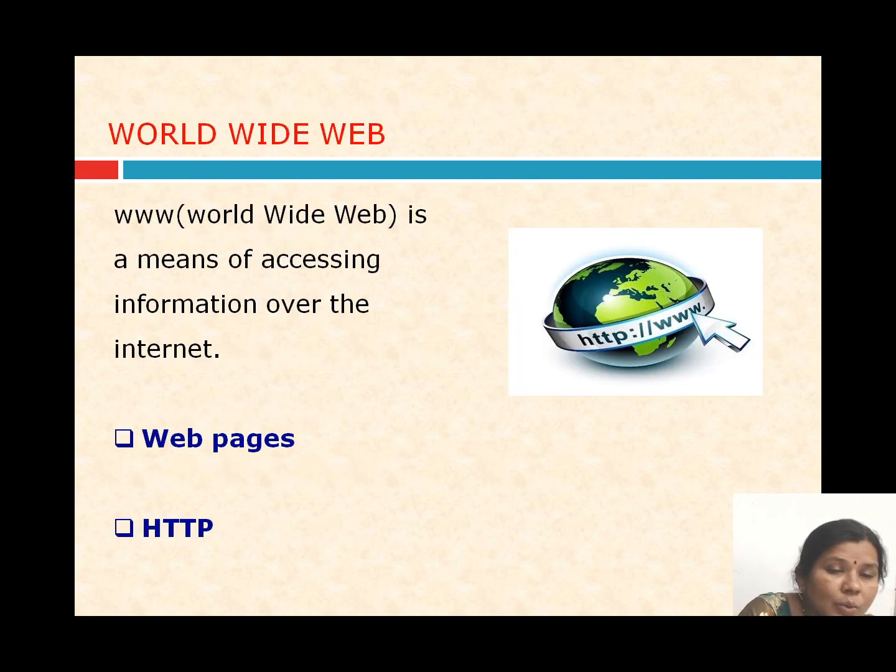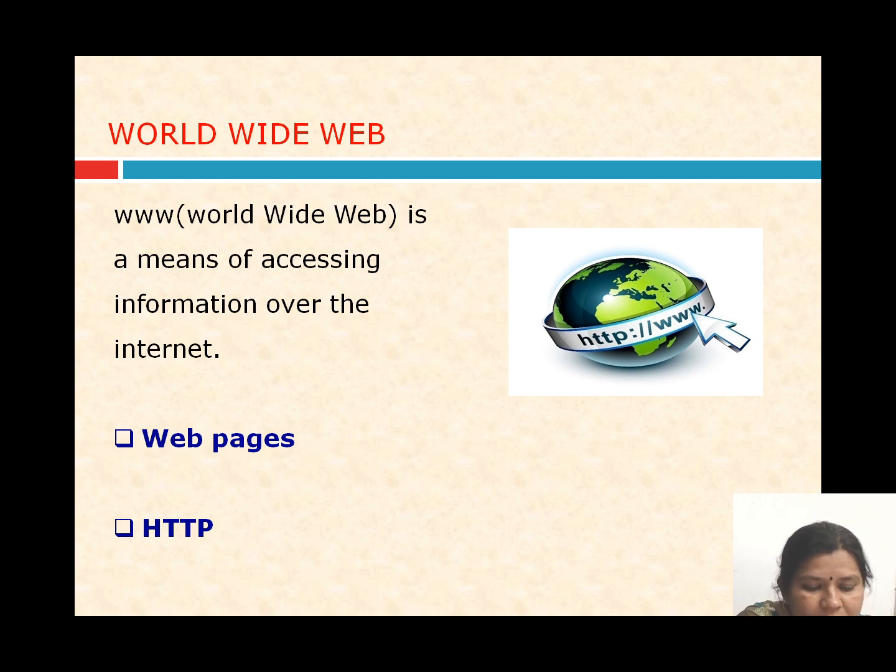Now the next one is World Wide Web. Okay, see here, W3 also we can say, and it means accessing information over the internet, right? Simply, web means what? Accessing the information over the internet. And what are web pages?